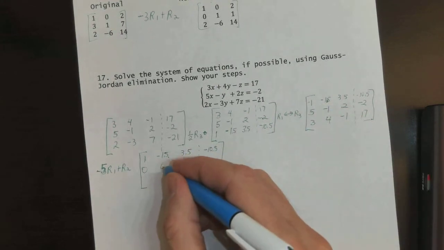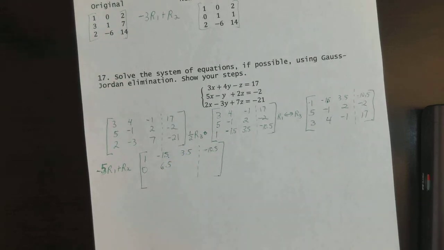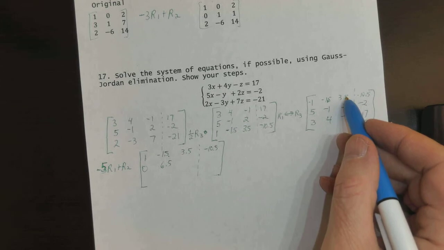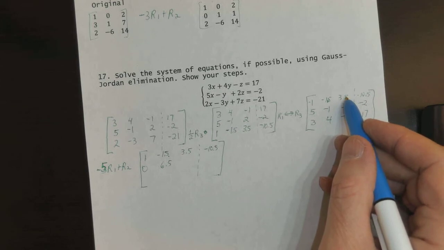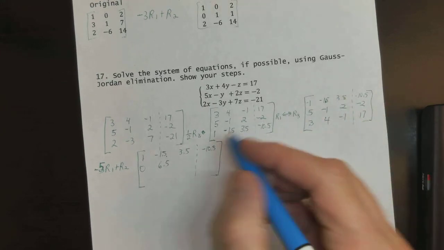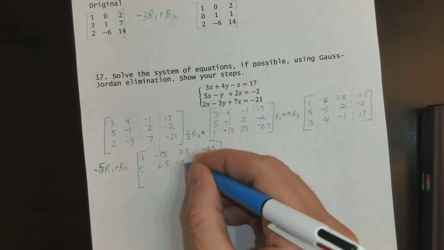Minus 1 is 6.5. Negative 5 times 3.5, that's negative 17.5, plus 2 is negative 15.5.